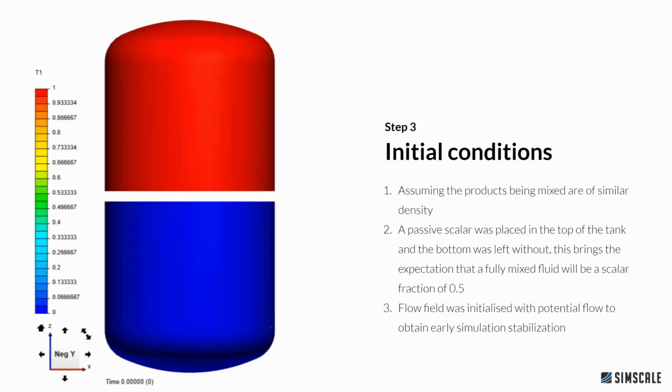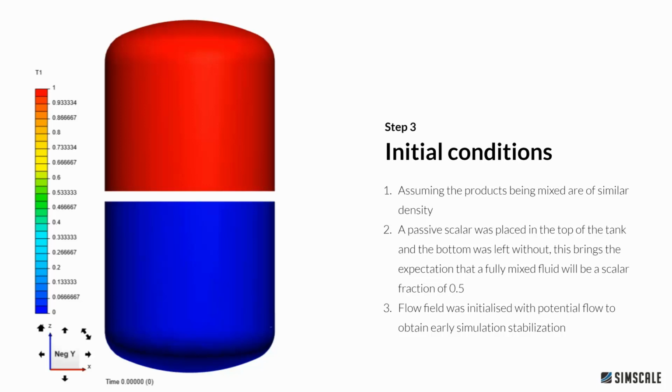So, just discussing the initial conditions, I think that was the main part of this simulation, basically telling the solver what it was like in its time zero state. So before we started solving, before we started mixing, what fluid was where, and what the flow was like within the domain.